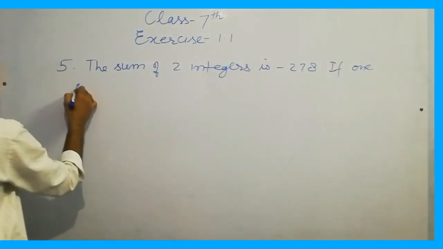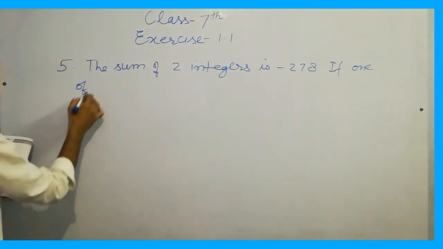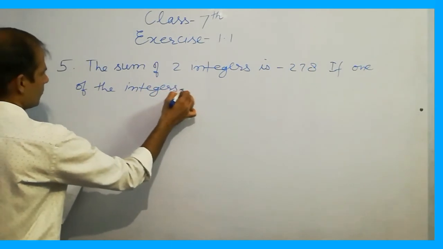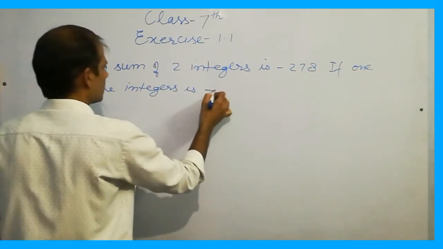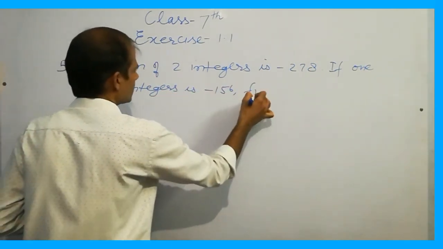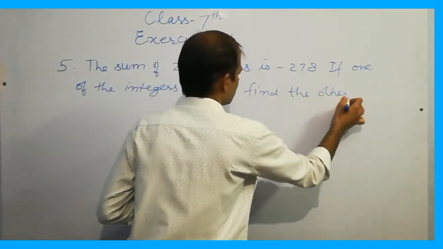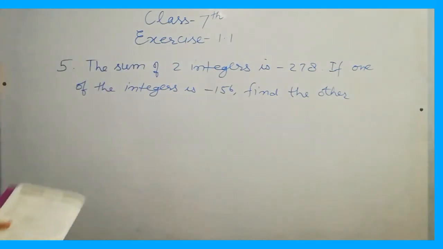If one of the integers is -156, find the other. So check the question. The sum of two integers is -278. If one of the integers is -156, find the other. Okay, this is question number 5.